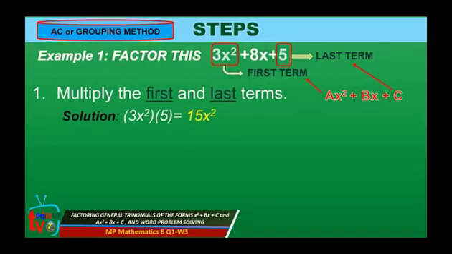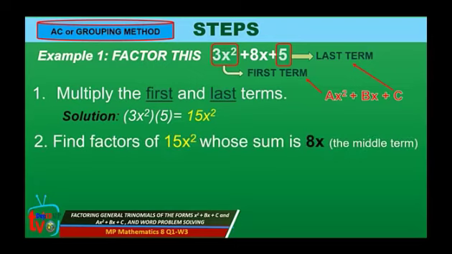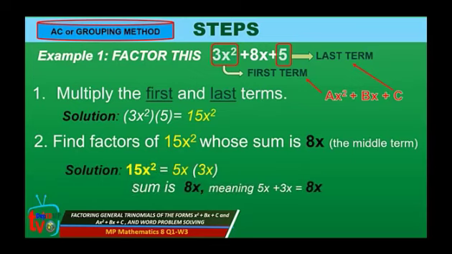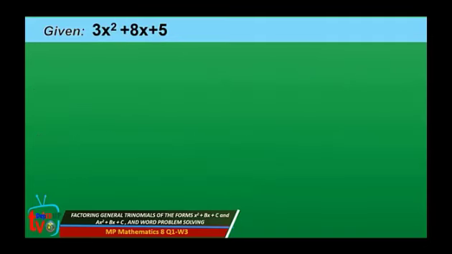Next step, find the factors of 15x squared, which is actually your answer in step 1, that will give a sum of 8x, which is the middle term. We choose the factors of 15x squared, which are 5x and 3x. This is because 5x plus 3x is equal to 8x. Step 3.